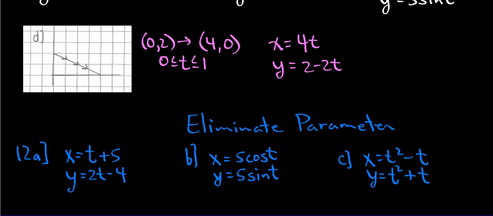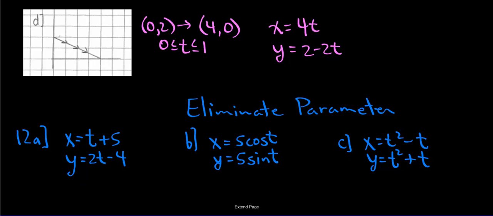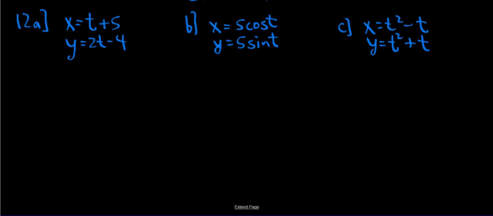Now let's go the other way. Instead of finding a parameter, let's get rid of the parameter. A lot of times these are very straightforward, like this one here. We've got 12a, x equals t plus 5, y equals 2t minus 4. We just solve one of the equations for t.